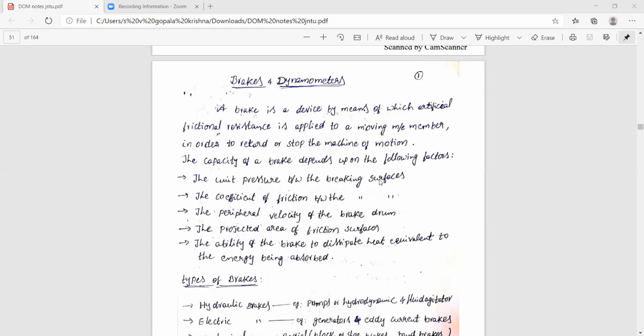So these are the factors the brake depends upon.